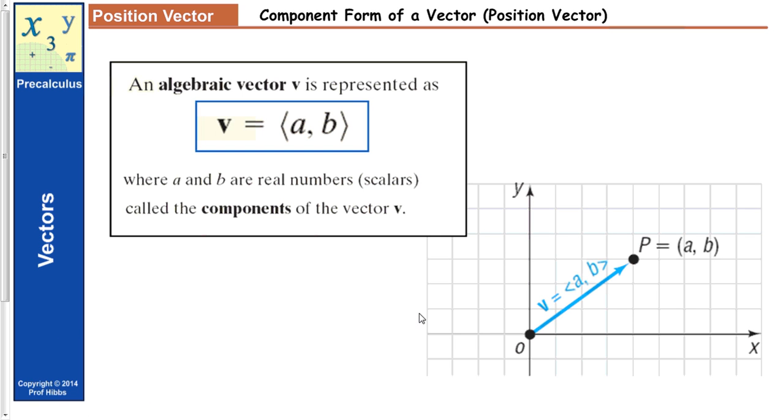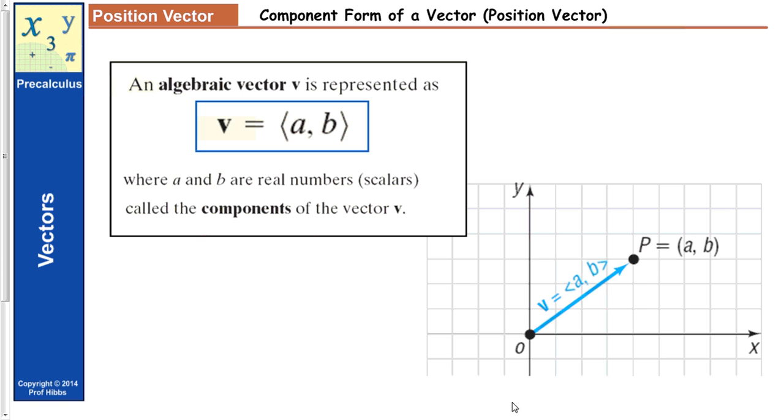So a lot of times we'll assume our vectors are called position vectors, and a position vector is a vector whose initial point is the origin. So if its initial point is the origin, then the end point will just be an XY pair in the plane.